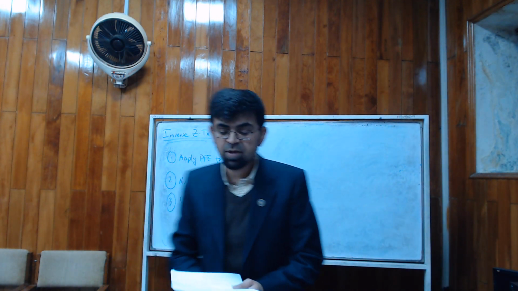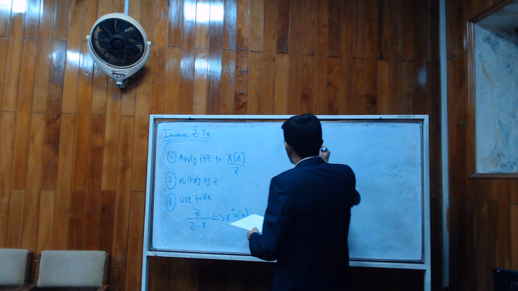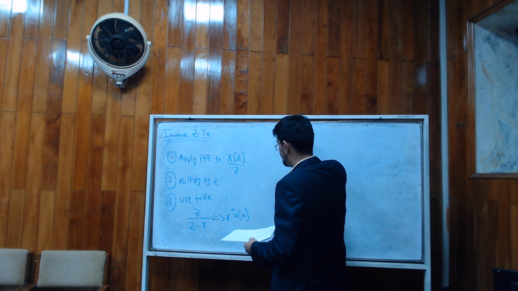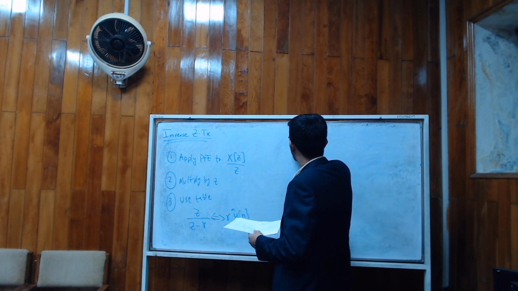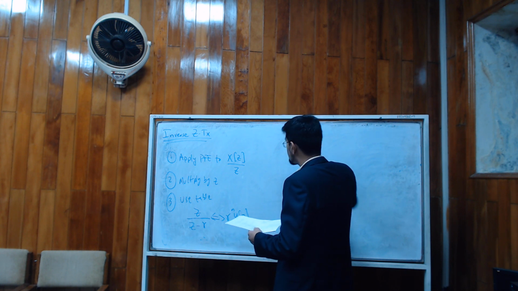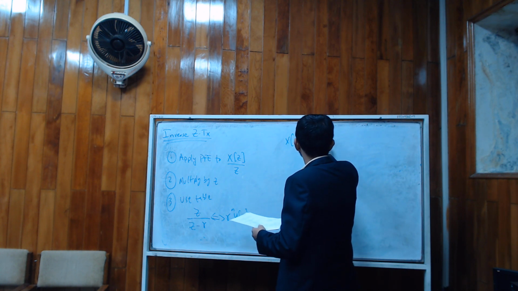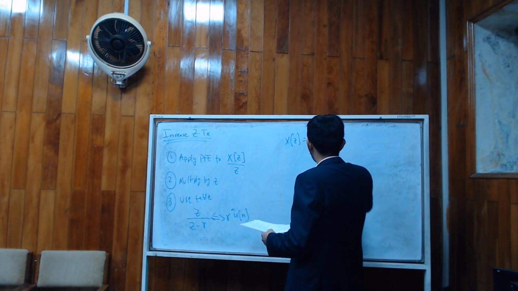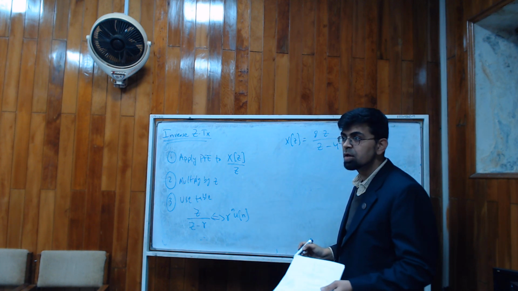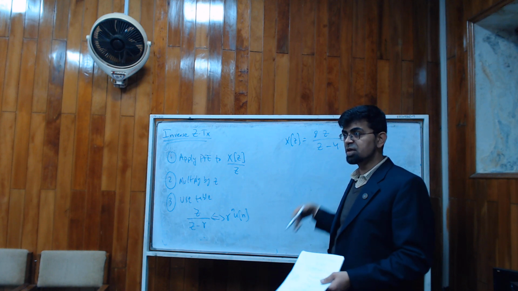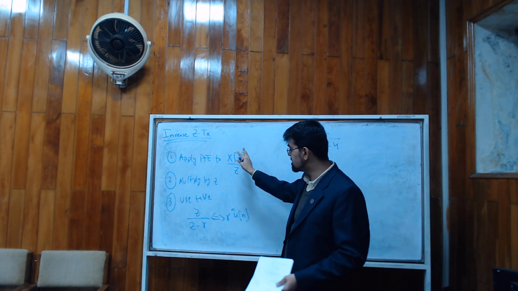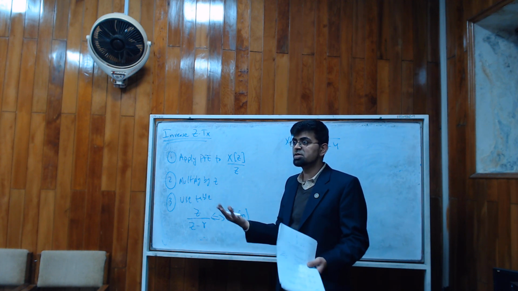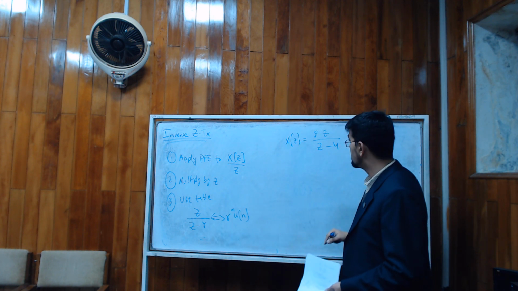Let's say I have given you this thing. Firstly, let's make it even much easier. Let's say I tell you that X(z) is 8z over z minus 4, and I ask you to find its inverse Z transform. Here partial fraction expansion is not needed because it's already just one simple root.